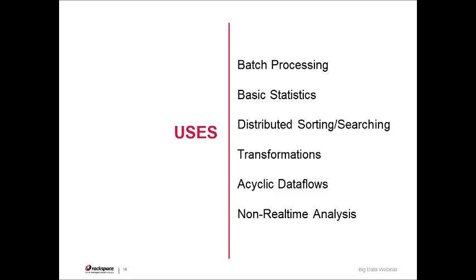It can also be used to calculate basic statistical numbers, such as averages and standard deviations. Also, MapReduce is really good at sorting and searching across datasets as well, and we can use MapReduce to perform transformations, or ETL, as we saw in the previous example where we structured the unstructured data.